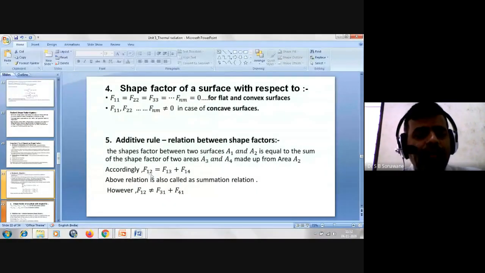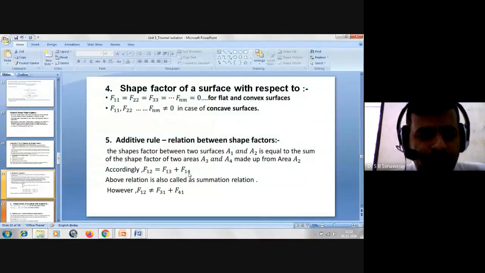So A1 F12, according to the summation theorem, F12 is equal to F13 plus F14. That is, the shape factor of 1 with respect to 2 has to be equal to the shape factor of 1 with respect to 3 plus the shape factor of 1 with respect to 4.